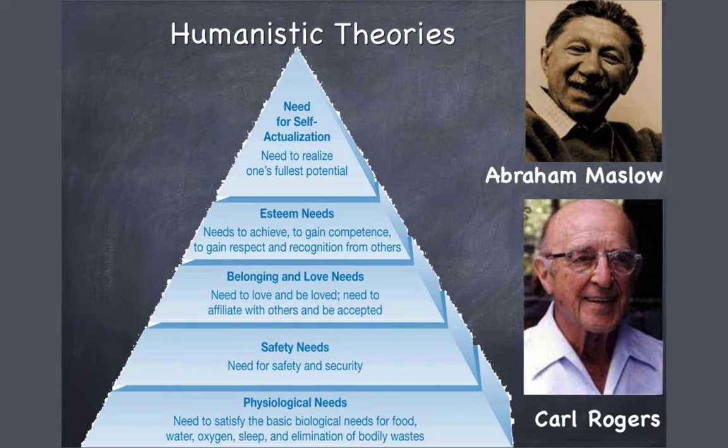Now, the conditions of worth and positive regard come mostly from Carl Rogers. This is where positive regard hinges on parental conditions. Positive regard would just be people feeling good about you and expressing that to you, that you are good because you are you. People who live and act according to someone else's values, to gain positive regard, defy their true selves.